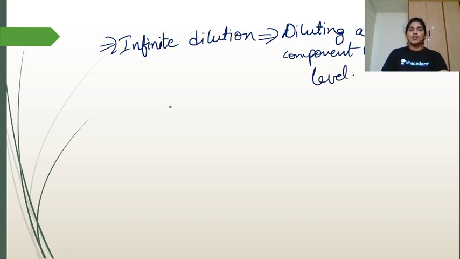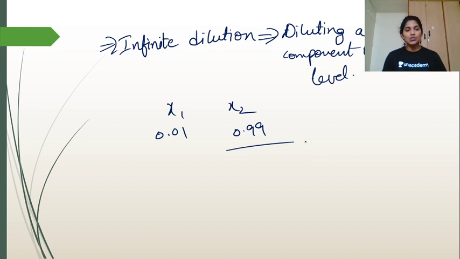Let us suppose that we have two components, x1 and x2. The mole fraction of the first one is 0.01 and the second one is 0.99. We keep on diluting the first component, meaning more of the second component is added, which neglects the presence of the first component, right?